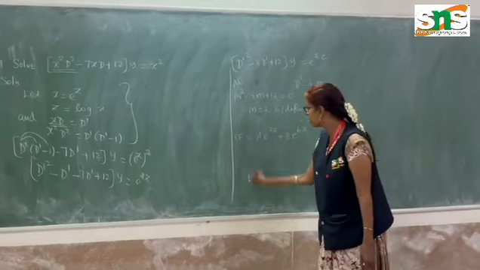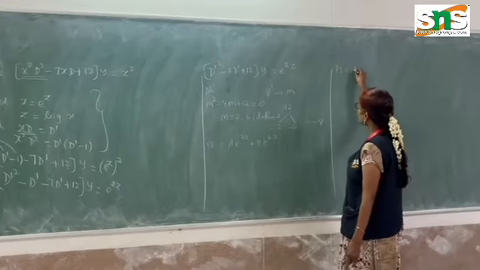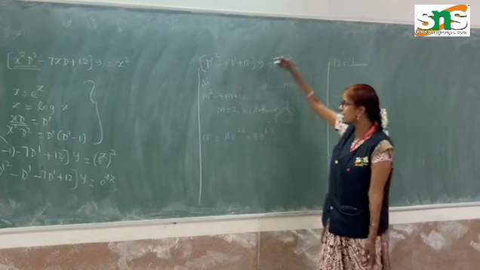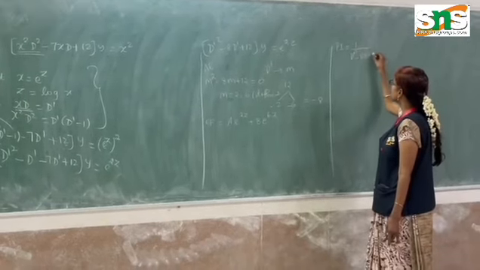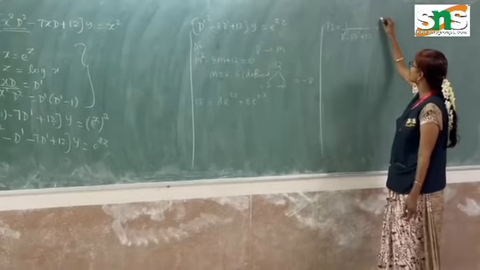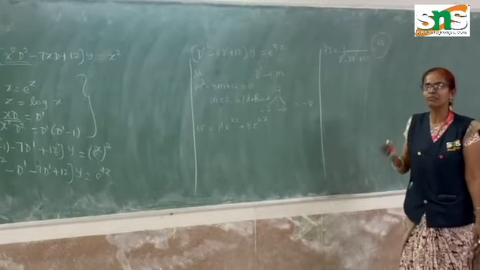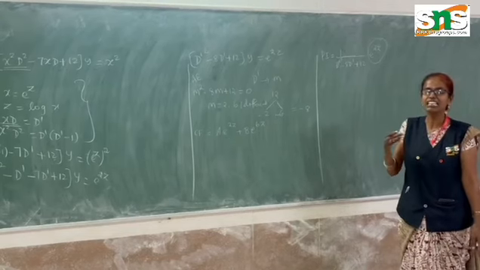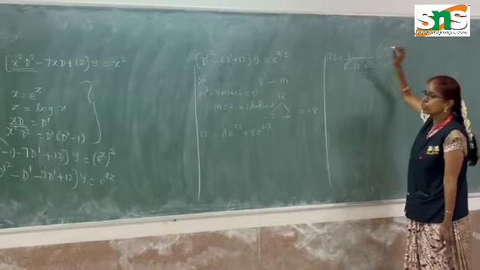Now we need to write the particular integral. The particular integral is 1 by the left side term, D dash squared minus 8D dash plus 12, into the right side term e power 2z. Now we check the function. If the right side term is e power az, we can replace D dash as a, where a is the coefficient of z.